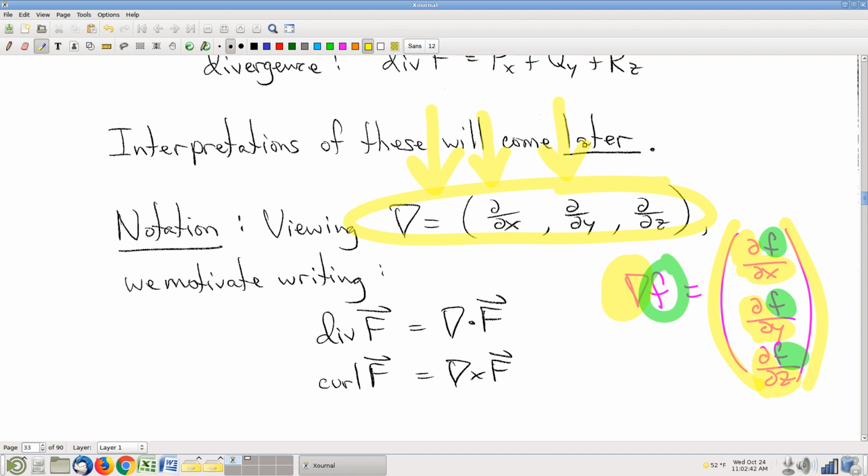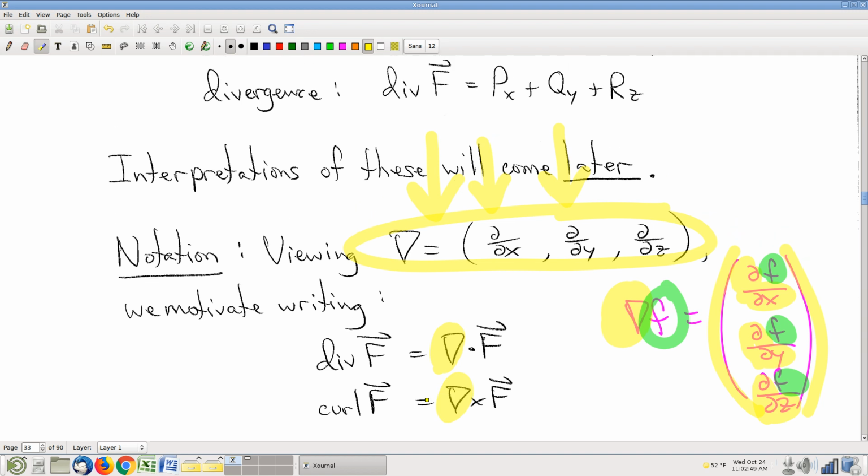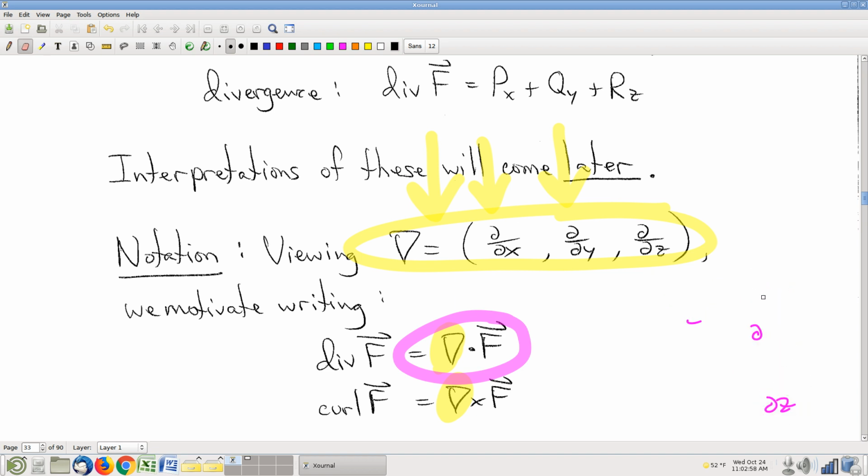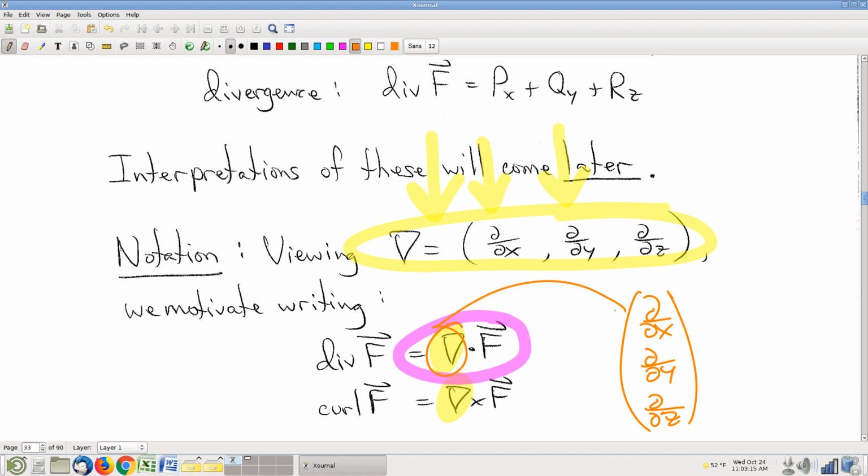So with that in mind, del being what it is, if you were to make some interpretation of what that should mean, what should I get if I take del, partial with respect to x, partial with respect to y, partial with respect to z, and then say dot, a vector field, let's see, I'll use here a vector field P, Q, R?